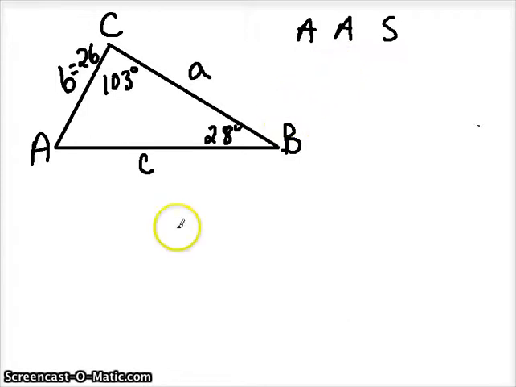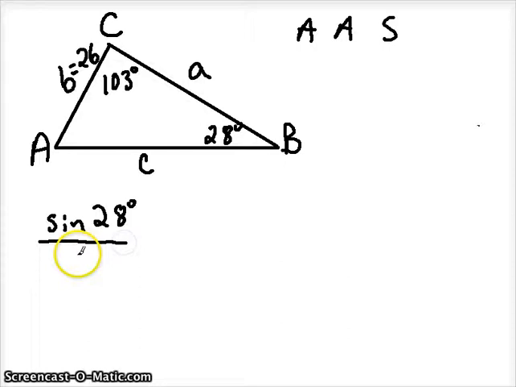So we're going to set up what we know. We definitely know the ratio of B. So we know the angle B and we know side b. So I'm going to set that up. Sine of my angle over the side length. Now I forgot to mention this, it's not a huge deal.